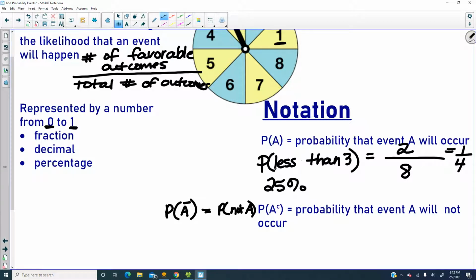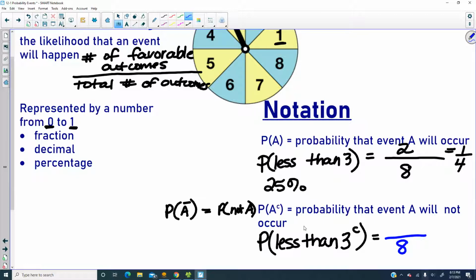So the probability that I get a number less than 3, well, I win if I get a number less than 3. So the complement would be the probability of less than 3 complement. That pretty much means the probability that I will not get a number less than 3. We know that when I spin the spinner, there's only 8 things that could happen.